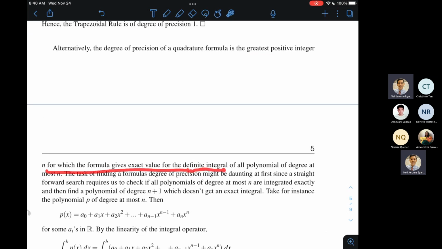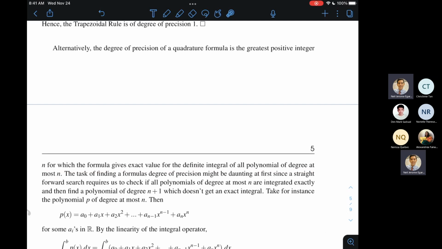exact value for the definite integral of all polynomials of degree at most n. Okay. So ibig sabihin siya yung pinakamalaking degree ng mga polynomial na kaya niyang i-approximate yung integral exactly. Okay?